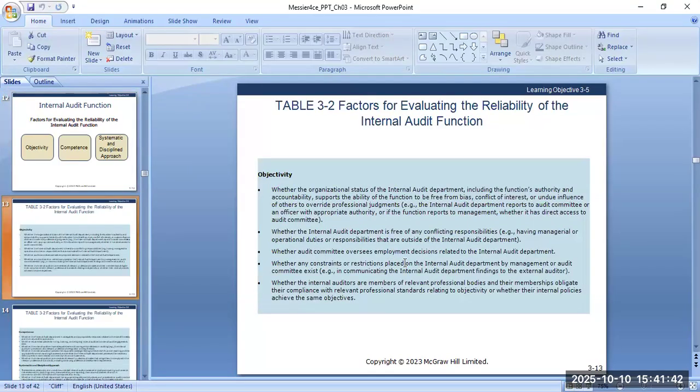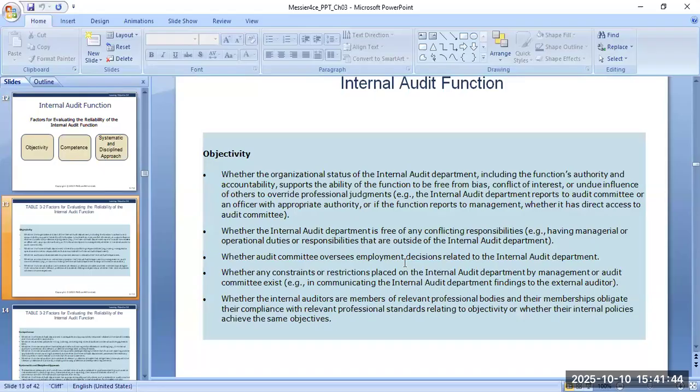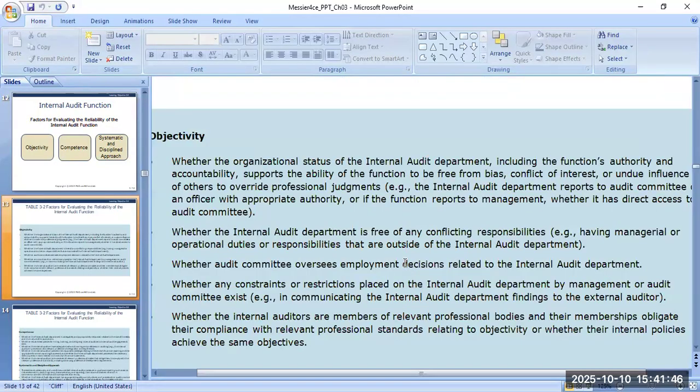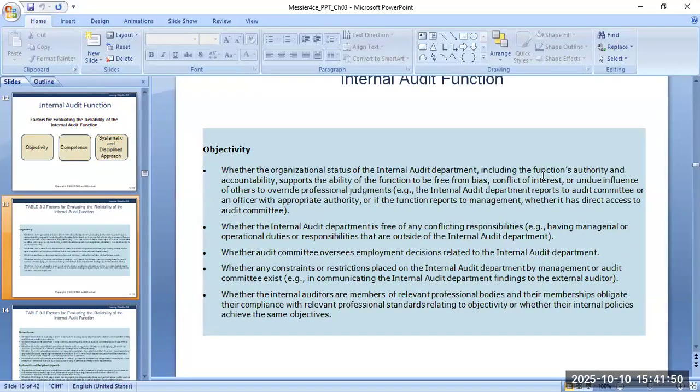Objectivity is whether the organizational status of that internal audit department, including the functions, authority, and accountability, supports the ability of the functions to be free from bias.